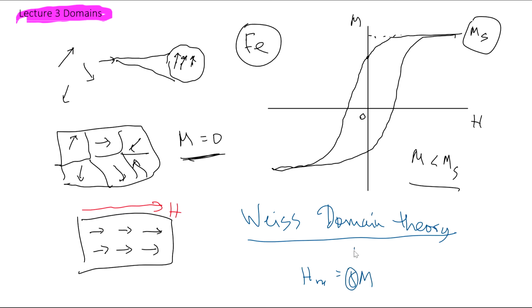This constant can be gamma, or sometimes you'll see alpha. But this is the molecular field, and the molecular field is responsible for spontaneous magnetization, so the interaction between different atoms is explained that way. But it also explains why we might have a material that is magnetized but not magnetized completely, so that there might be domains.